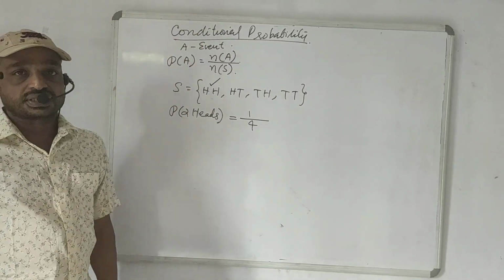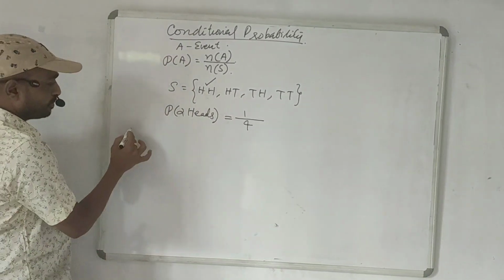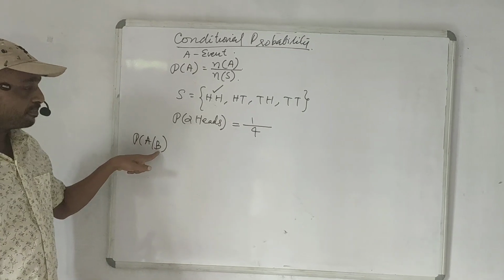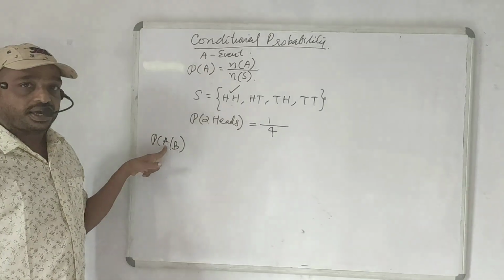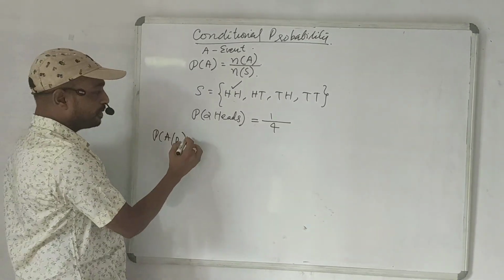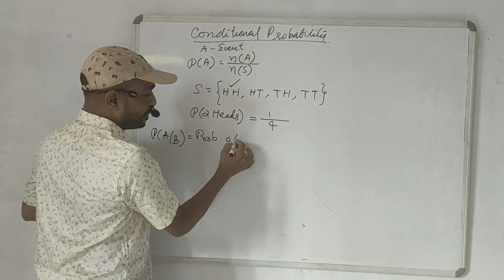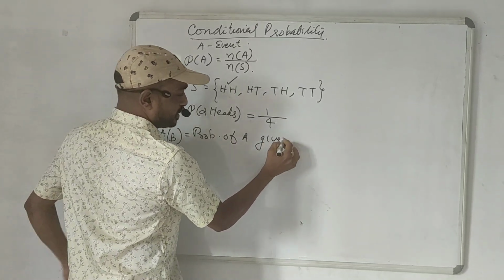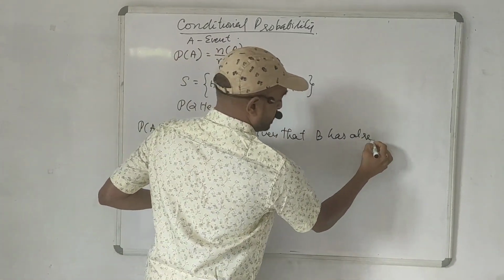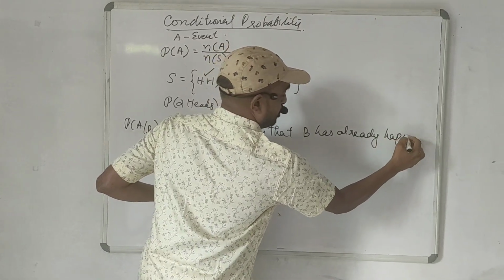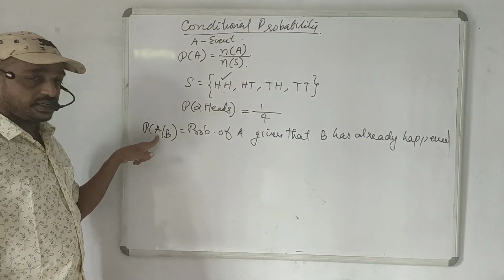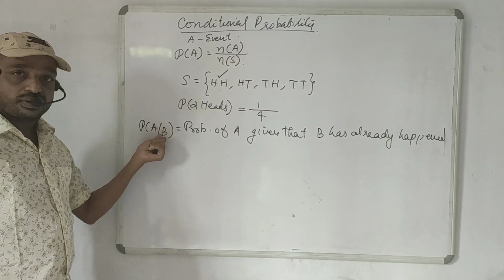So let us discuss conditional probability. Conditional probability means P of A given B. P of A given B means the probability of the event A happening given that the event B has already happened.